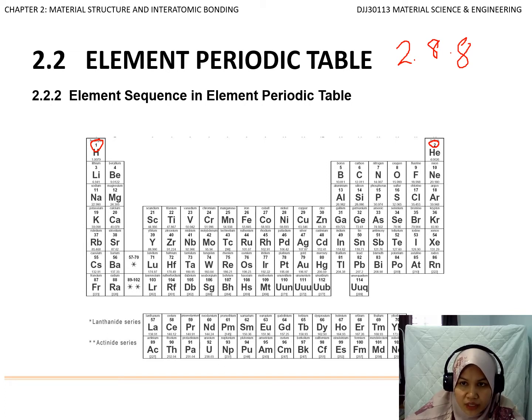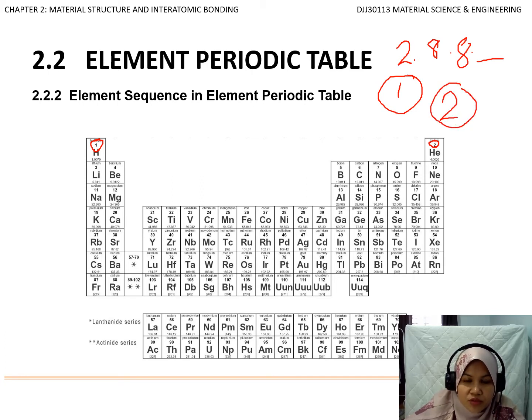Shell kedua 8, shell ketiga pun 8, and then balance lah. Biasa kamu akan buat 4 sahajalah paling maksimum. Kita belajar yang basic sahaja. Contoh hydrogen ada satu sahaja, maksudnya dia ada satu sahaja shell, while helium ada 2 number of atoms. So kita mula dengan 2. So shell dia pun satu sahaja.